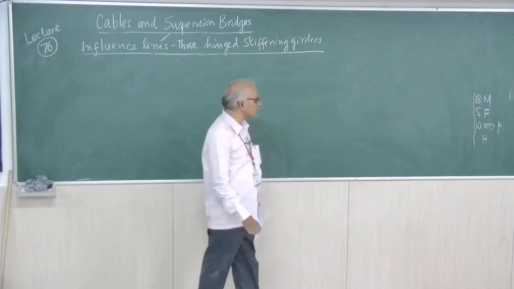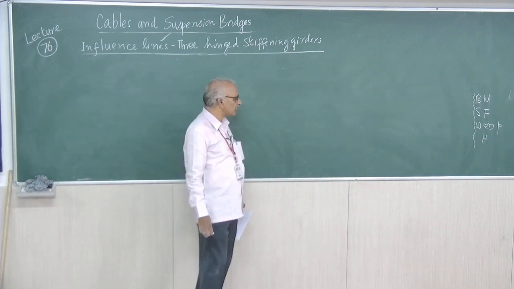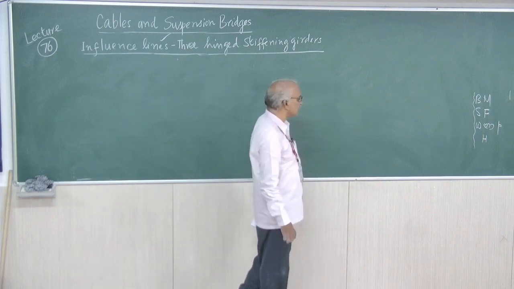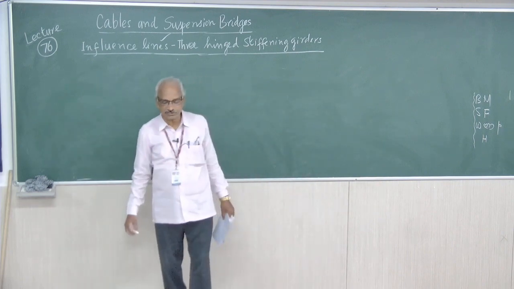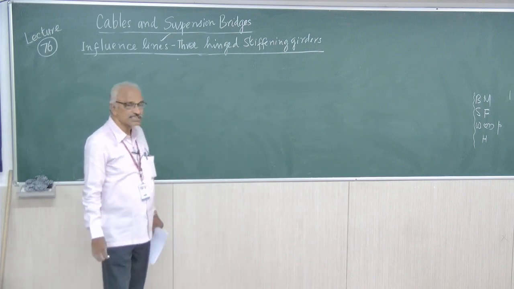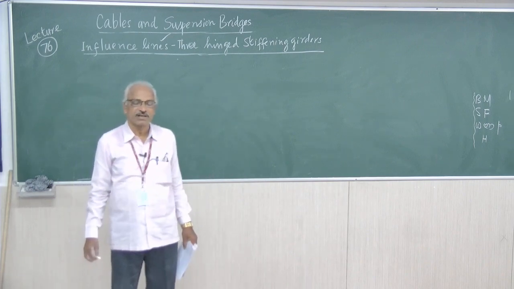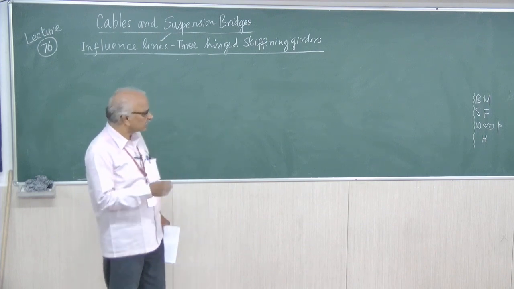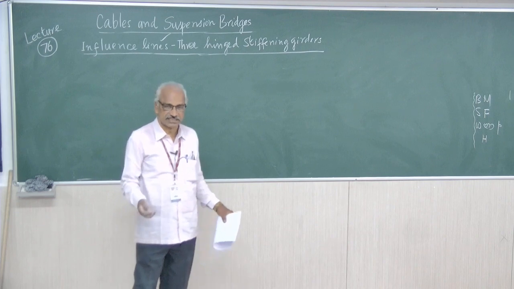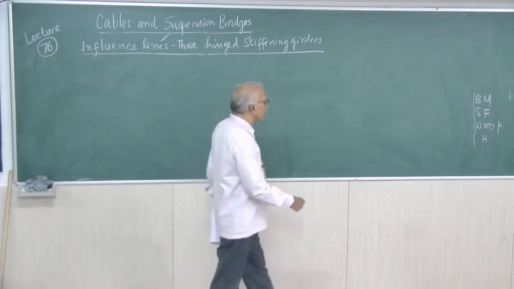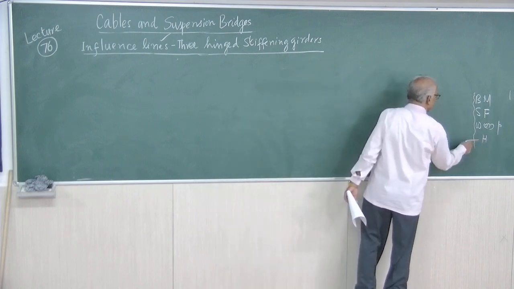For this, we first have to discuss the influence line for horizontal tension, the influence line for UDL, and the influence line for bending moment and shear force. Now, let us start with the ILD for the horizontal tension.